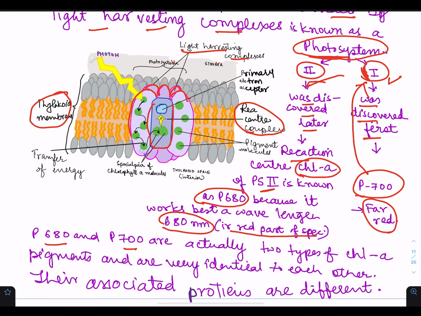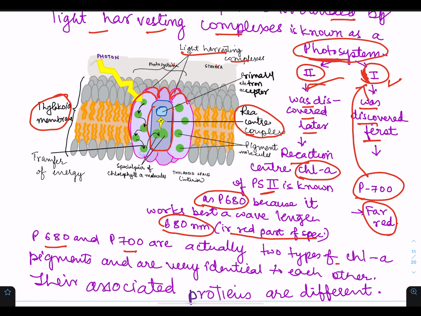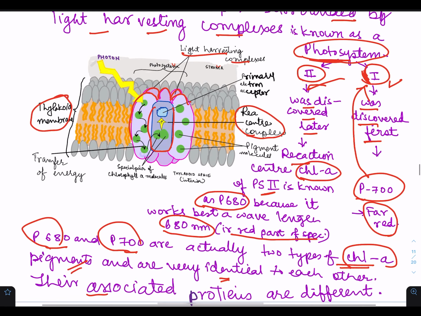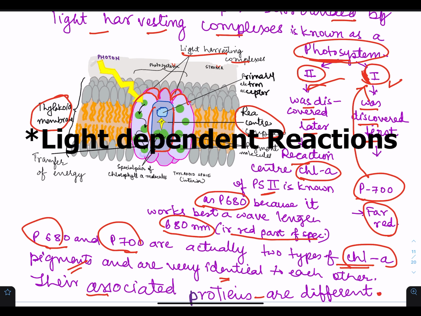P680 and P700 are actually two types of chlorophyll a pigments, very identical to each other. Only their associated proteins are different. So this was all about the light dependent reactions. Thank you for watching the video.